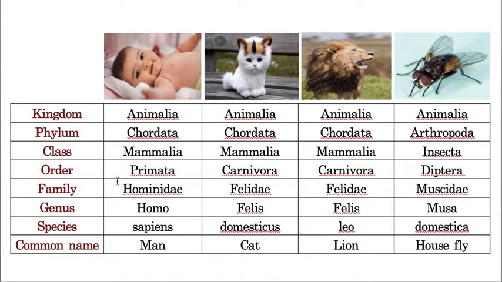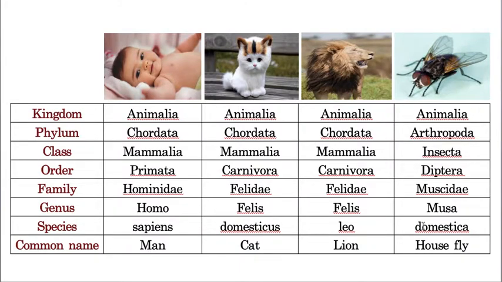Now this problem should not come, students. I'm sorry for whatever confusion I made. Hope you are understanding the concept. Now let us take this example, human beings. The classification is kingdom Animalia, phylum Chordata, class Mammalia, order Primates, family Hominidae, genus Homo, and species sapiens, and common name obviously man.